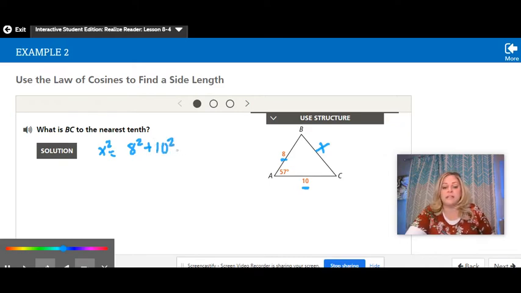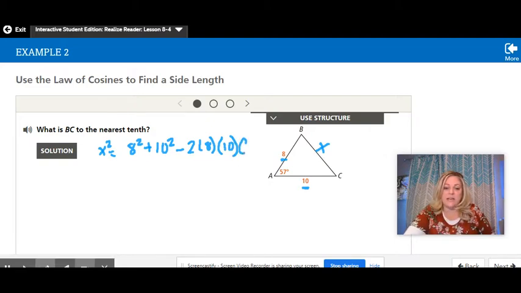And the formula says subtract 2 times the two sides that I'm not looking for, times the cosine of the angle across from the side. So cosine 57.